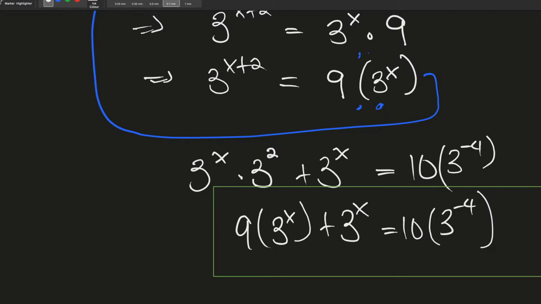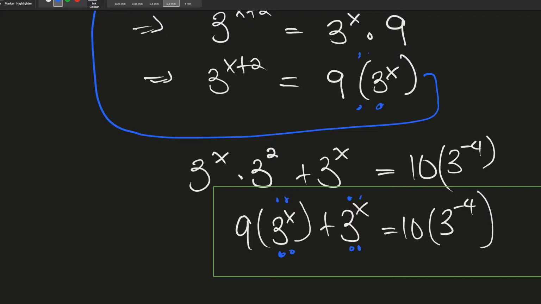As we can see, if we look at it from this perspective, we have 3 raised to the power x here and another 3 raised to the power x here. So what do I have to do? I have to apply substitution, and that substitution will break the equation down for me to make my life so easy.